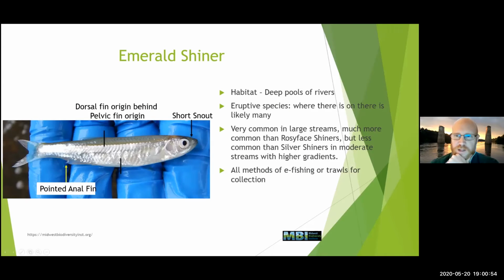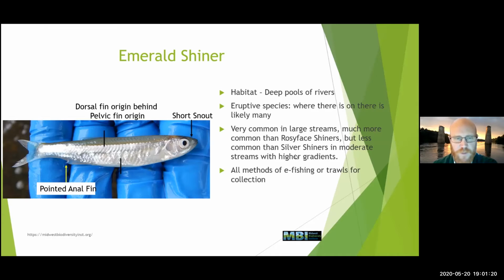Here is a complex of, we're going to go through 3 species that look extremely similar. So the differences in them are kind of subtle. They like different habitats, at least the next 2 do from the emerald shiner. These guys generally are in pools of larger rivers. And they generally don't go into riffles or runs.